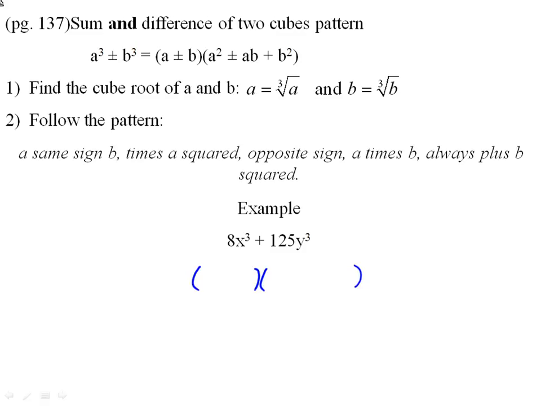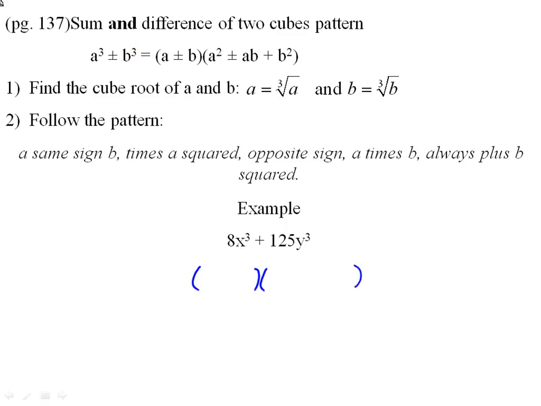So, in this binomial right here, you're going to put A same sign B. A is the cube root of 8x to the third, which is 2x. Because x times x times x is x to the third. So A is 2x. Goes right here. Same sign. B is the cube root of 125y to the third. So the cube root of 125y to the third is 5y.